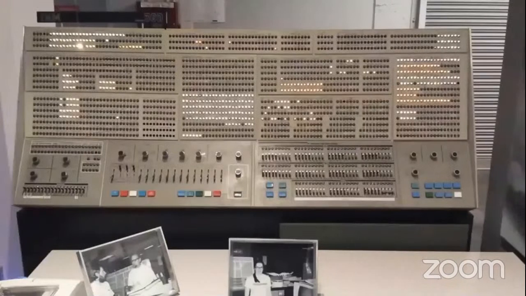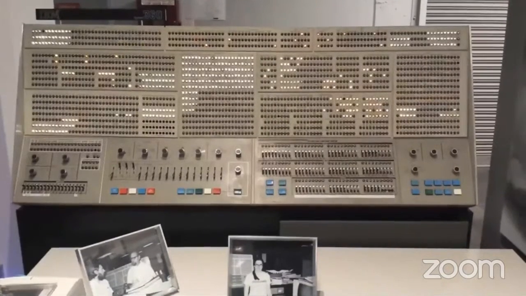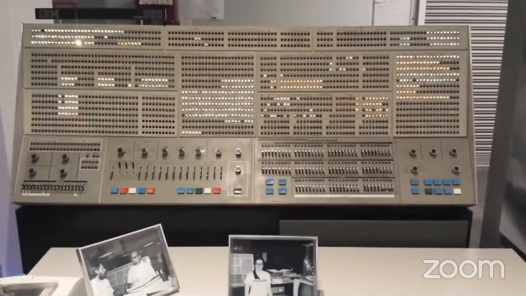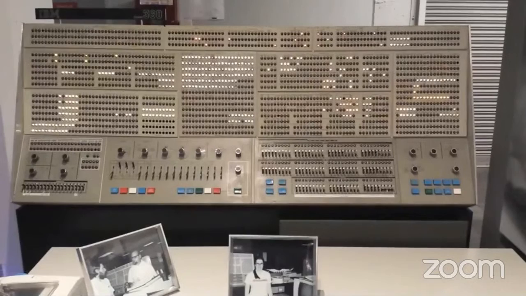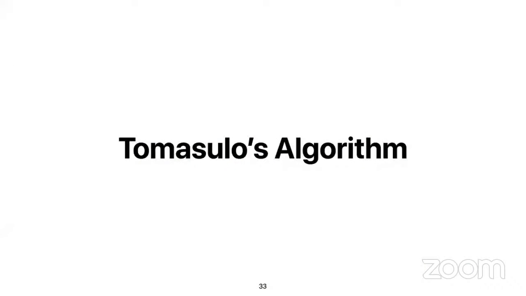This is really a computer. It's called IBM. It was working in one of the museums, right? And it actually demonstrates one of the very first out of order execution algorithms called Tomasulo's algorithm.